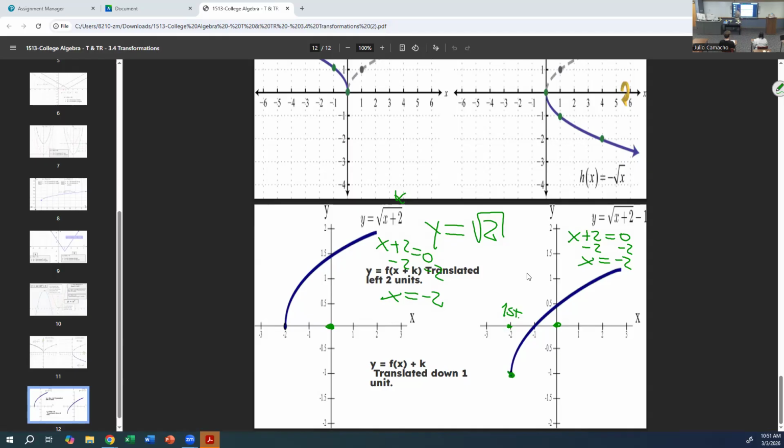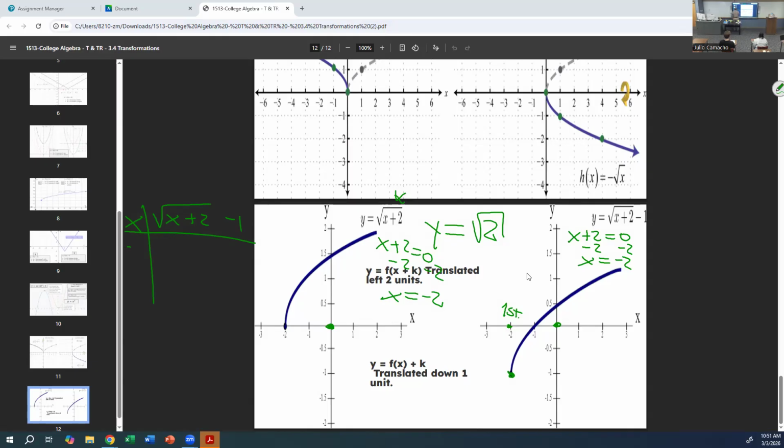To get the other 2 points, you have to do the table of values again. Your x, and you put the whole equation there: the square root of x plus 2, minus 1. You need to pick numbers that are only to the right of the vertex because there's nothing on the left. They pick -1.